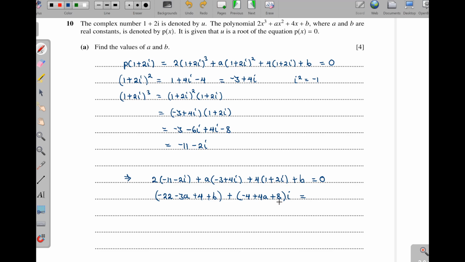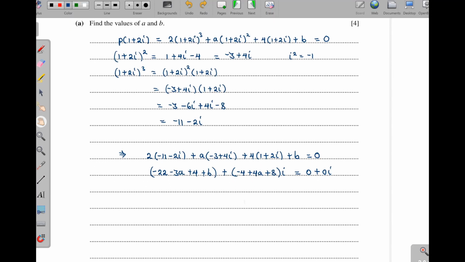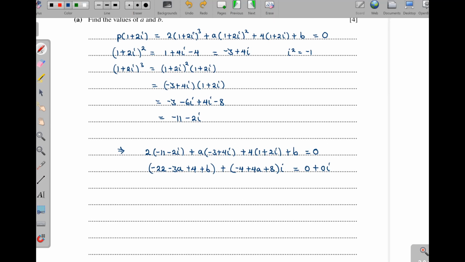Since this is a complex number, it should be equated to a complex number. So we shall have 0 plus 0i. When we have the null complex number 0, it is the same as 0 plus 0i. Is that clear? Now we equate the real part to the real part, and the imaginary to the imaginary.